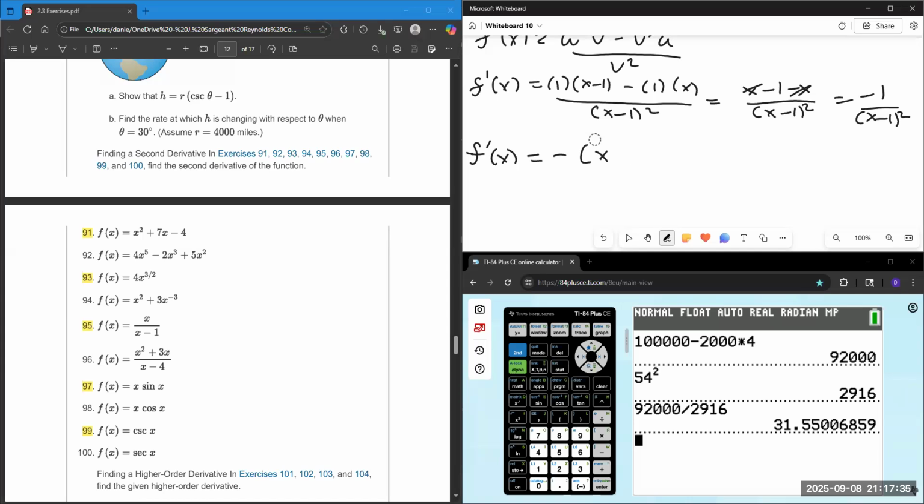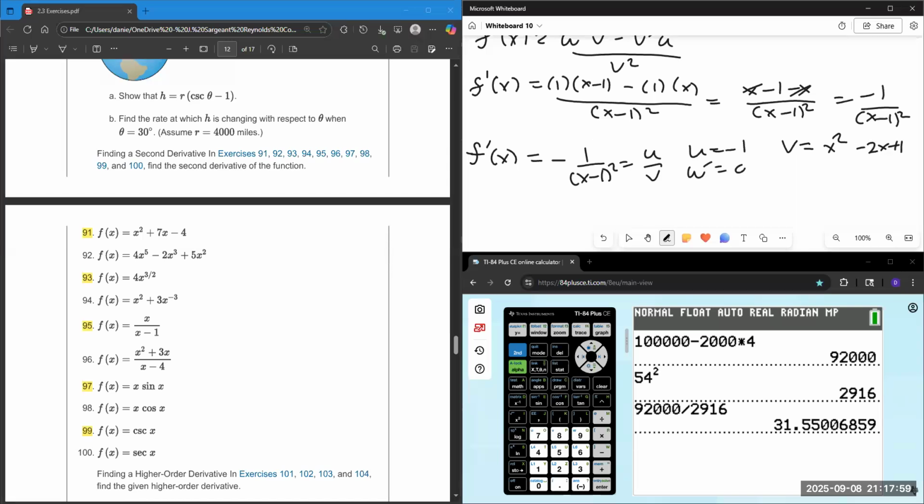I don't think we've done anything like that there, so I'm going to leave it as is, negative 1 over x minus 1 to the second, with my u being negative 1 and my v being x squared minus 2x plus 1.